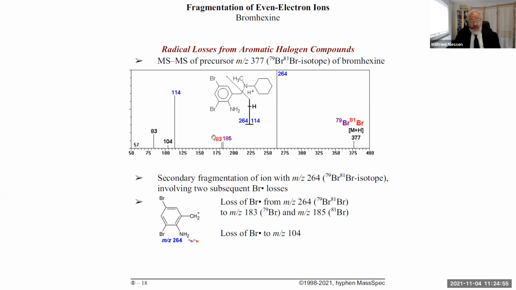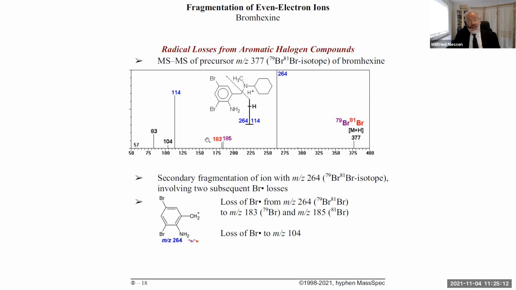And the 183 and the 185, based on this structure with one nitrogen and the loss of the Br dot, are odd electron ions, consistent with the nitrogen rule.